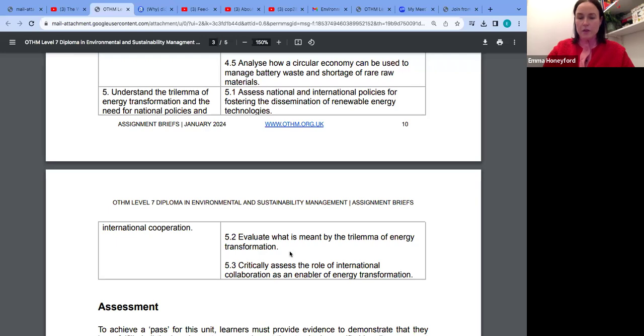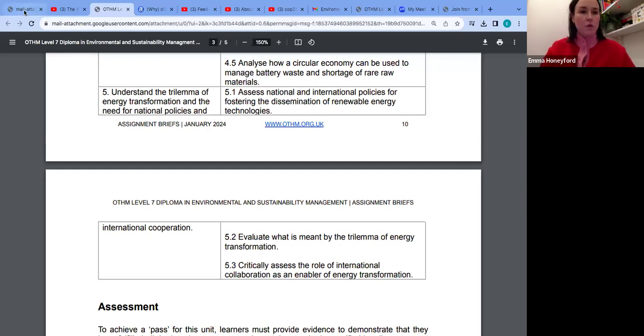What are the barriers that are going to be a problem in order to get to net zero? And then 5.3, we're going to critically assess the role of international collaboration as an enabler for energy transformation. They're all really important matters, and we will cover them shortly.